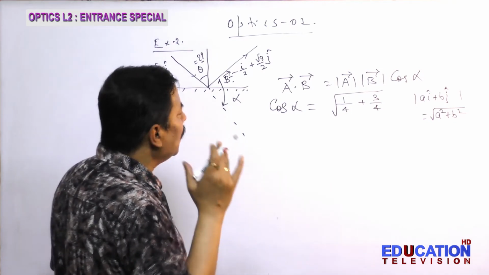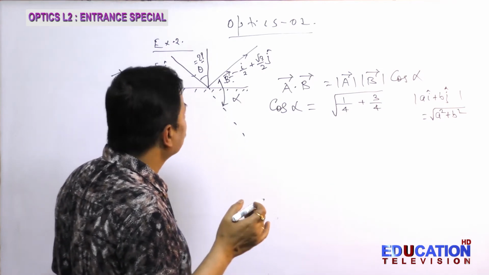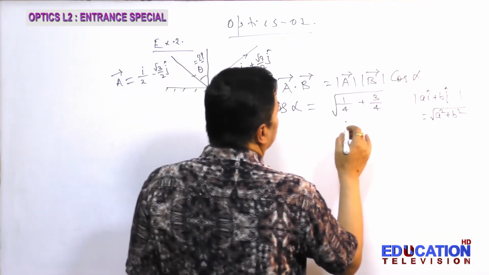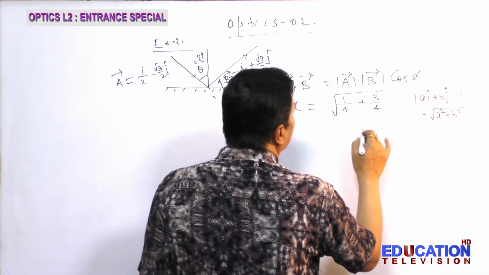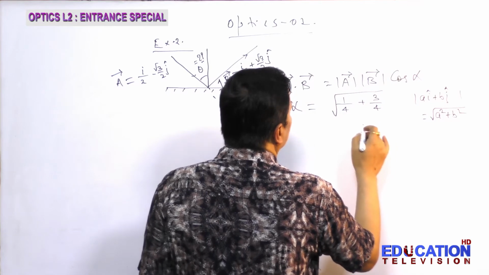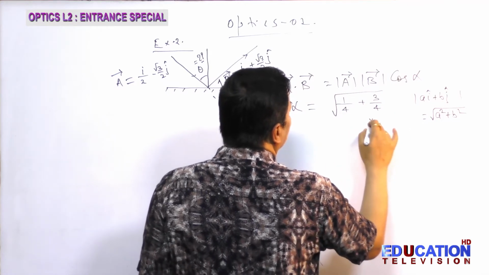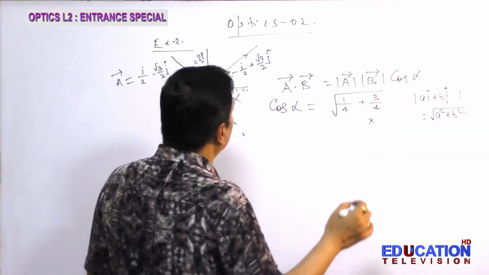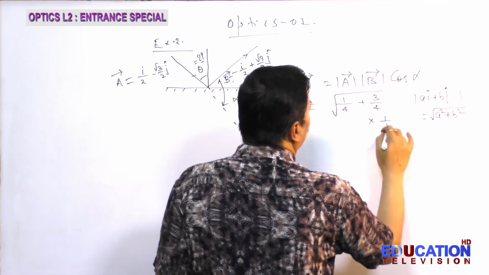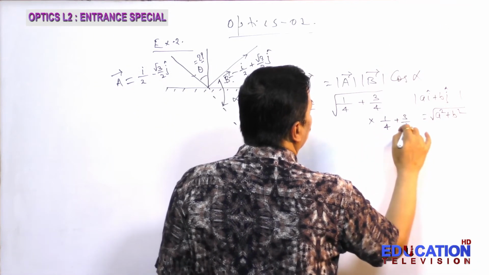B has the same magnitude, under root 1 by 4 plus 3 by 4.